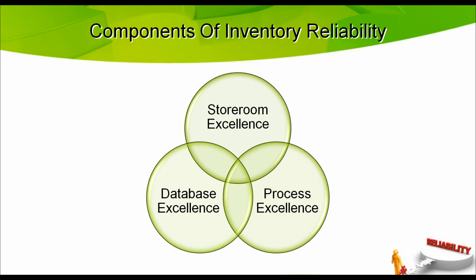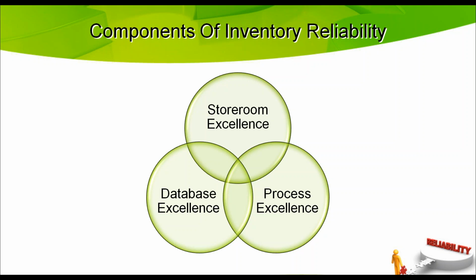Secondly is database excellence, where you have a standardized and rich inventory item master, and that data accurately represents what's in stock, so that planning can be done well, knowing what parts are already in stock and which ones you need to order for that planned event.